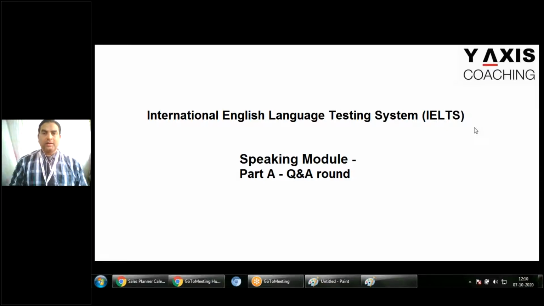Now let's try and understand how you should answer round 1. Remember, the time duration is quite less, and the number of questions that the evaluator wants to put up is around 10 to 12. So first, if you are going to be elaborative, the evaluator is not going to be able to complete the task of asking you that many questions.